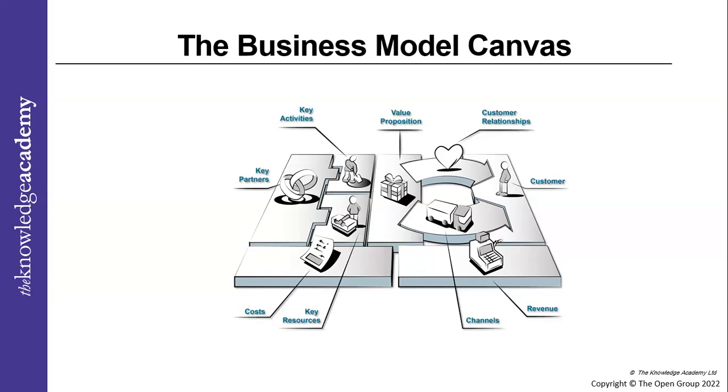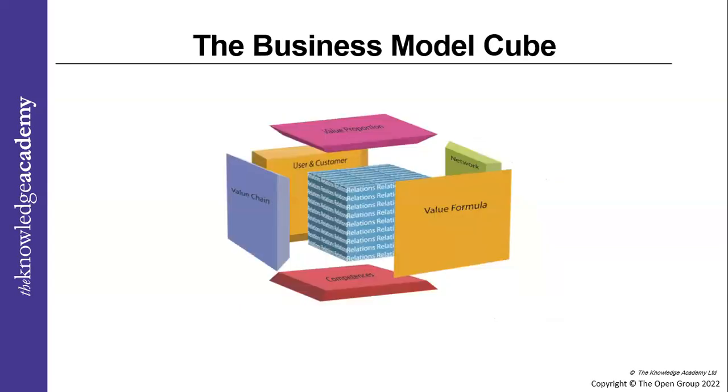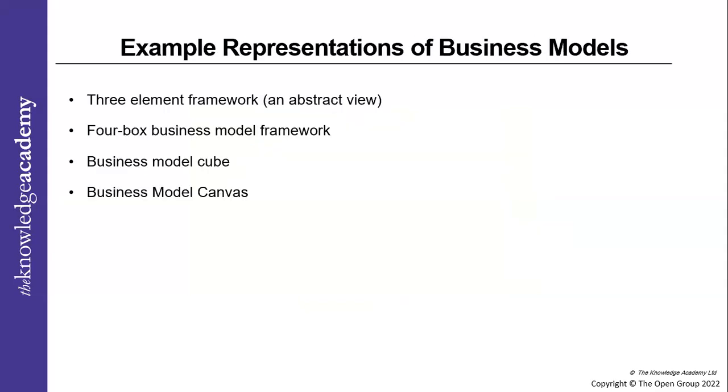So we saw the 3-element framework, the 4-box, the business model cube, and the business model canvas. This is the fourth one. These are the 4 types of business models.